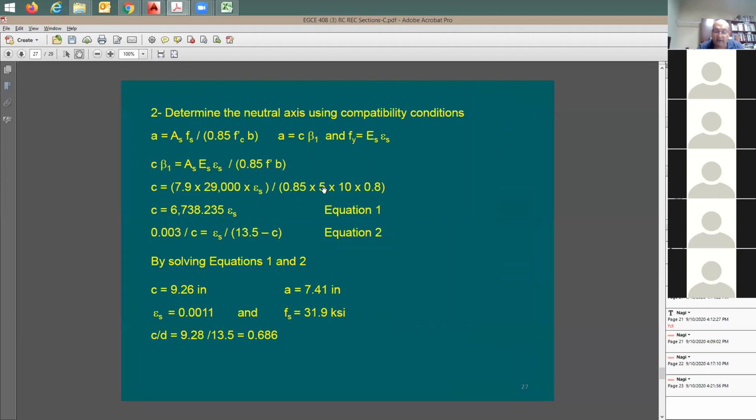I'm going to go back here and ask you a question. I remember I have said that this code and all the equations have to be in psi, unless you know what you're doing. So is it okay to use f prime c here to be 5 and not 5,000? Question to you guys. And why is it okay?